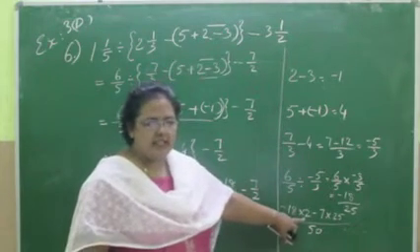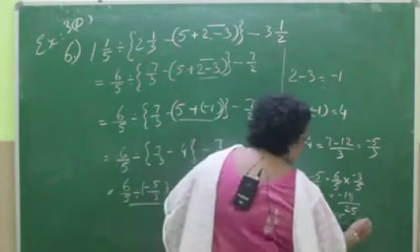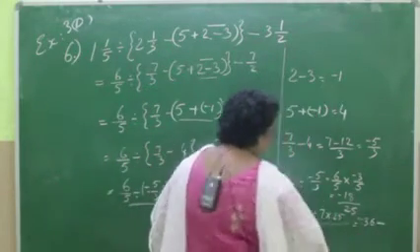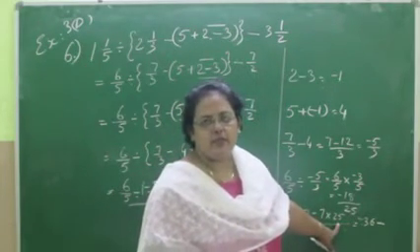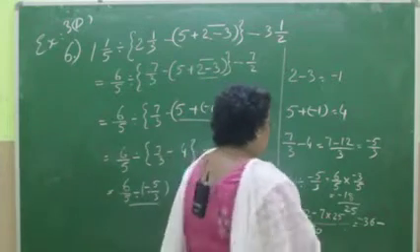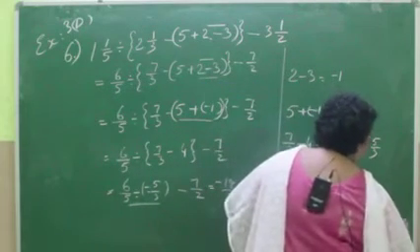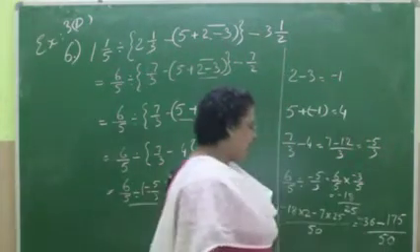Negative 18 into 2, that is 36. Here it is negative 36 minus 7 into 25. What is 7 into 25? It is 175 by 50.